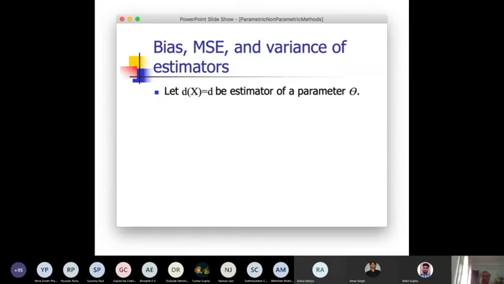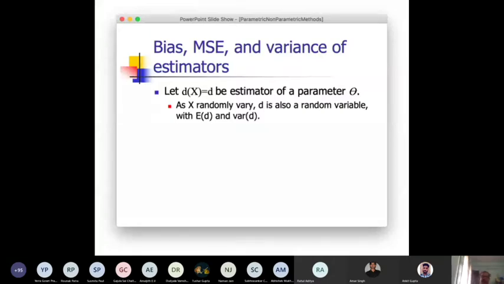So in this representation, D is the estimator of a parameter theta. D is a kind of function of the sample, and it estimates the parameter theta. Now this estimate itself is also a random variable, because for different training examples from the same process, with different sets of examples, your measurements would be different.